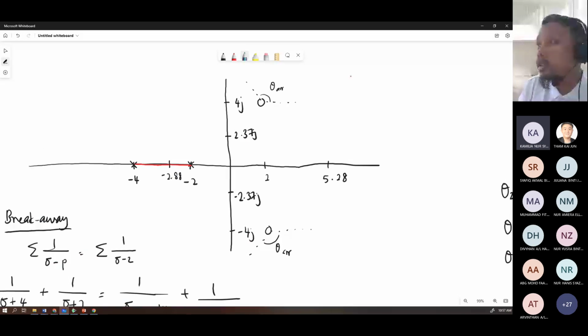So the root locus will start from poles. So it will start here and here, and then break away from this point. And then it will cross this j omega axis, and then arrive at this zero at this angle. Okay, so maybe something like this.